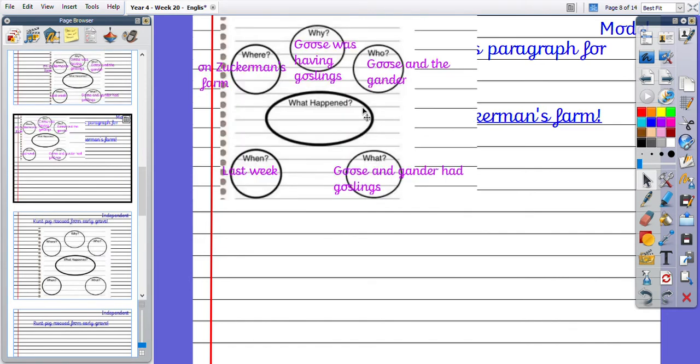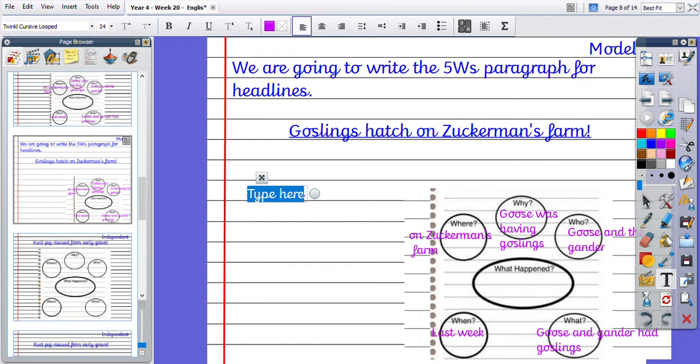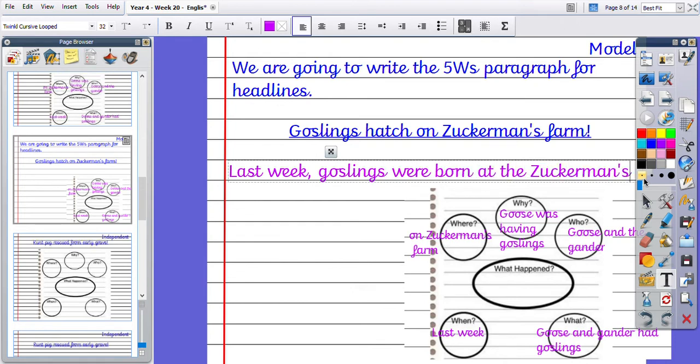So let's start off. Okay, let's start with the front adverbial. Last week there was, in fact, let's make it even better. Last week, so we've answered our when already. Goslings were born at the Zuckerman's farm.